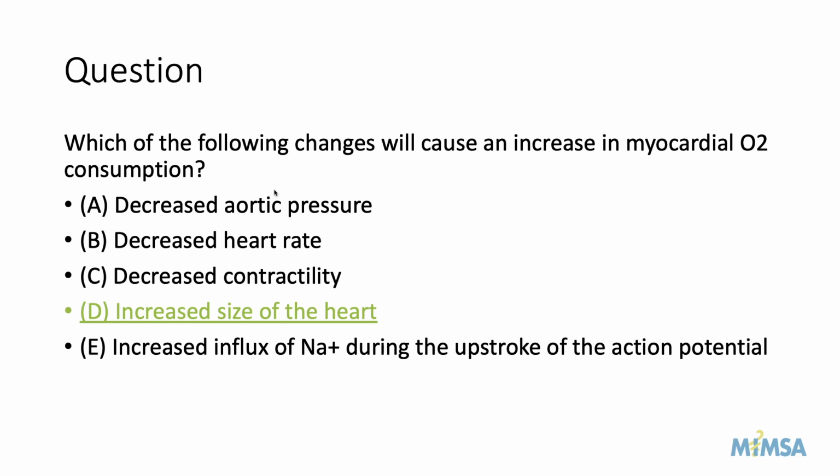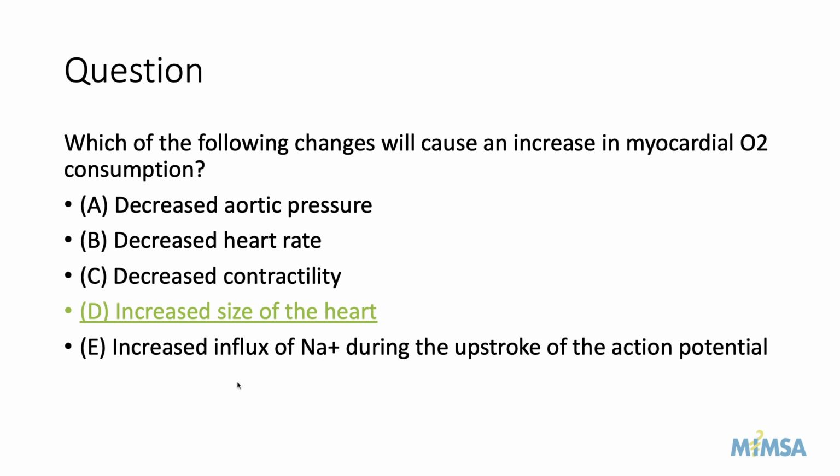Decreased aortic pressure will decrease your afterload, which means that the heart doesn't have to work that hard, so that won't increase myocardial O2 consumption. Decreased heart rate, again, if your heart rate is decreased, then obviously the heart isn't working that hard, so that won't increase your O2 consumption. Decreased contractility, again, same reason. However, this is the only one that might confuse some people: increased influx of sodium during the upstroke of the action potential.